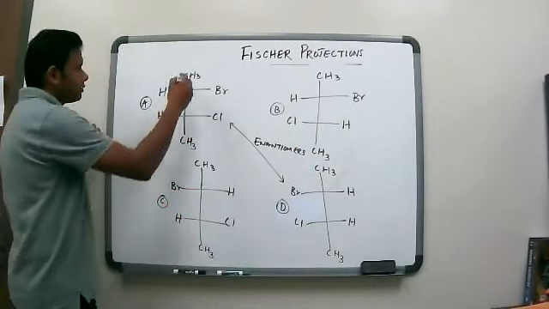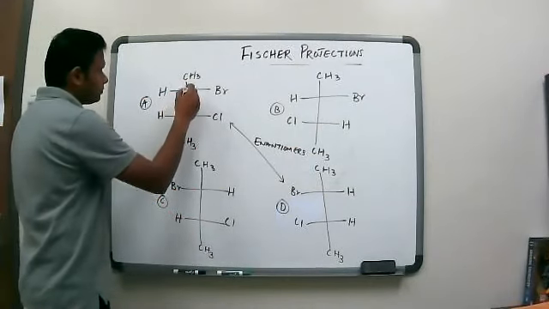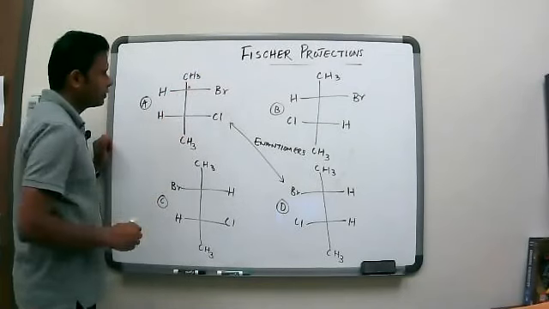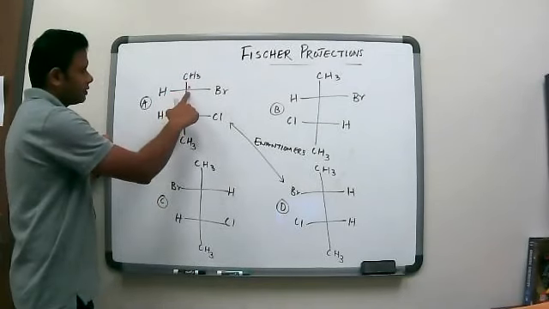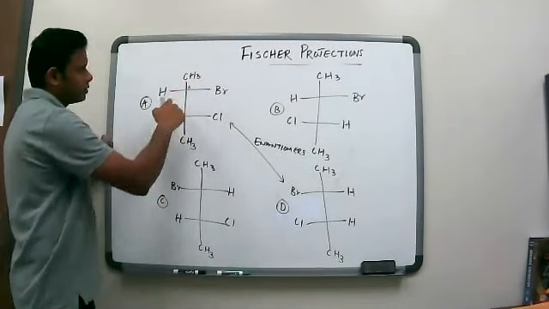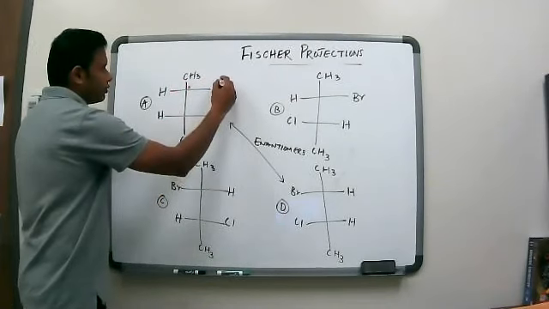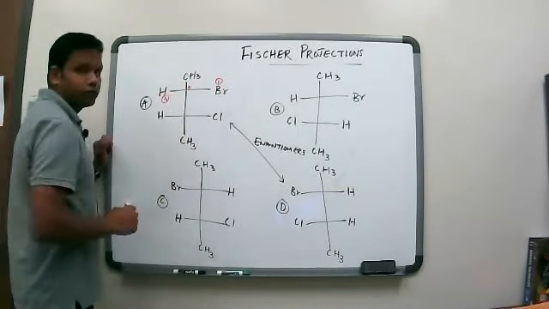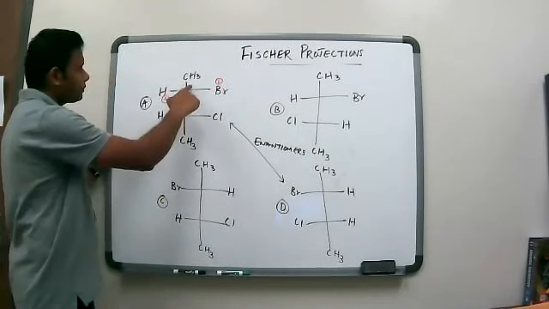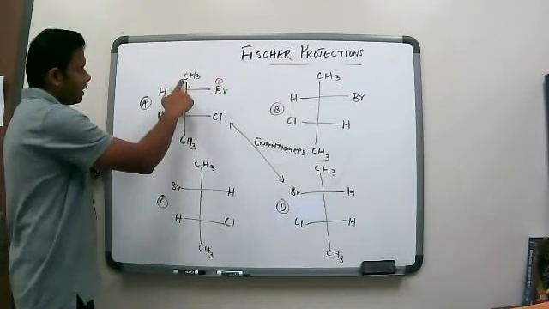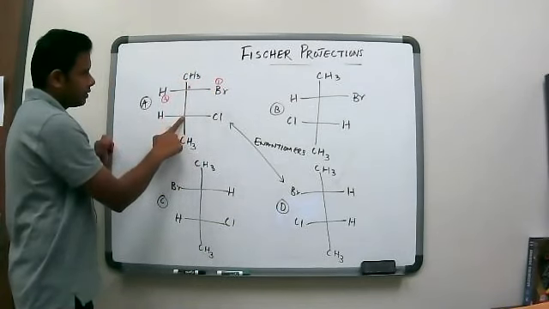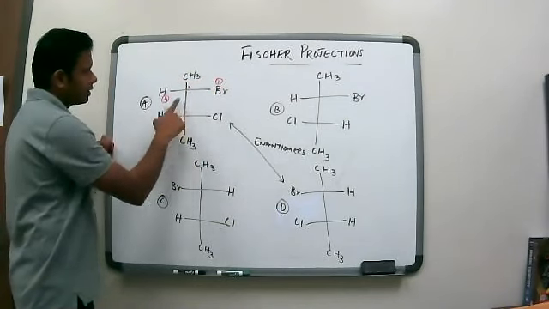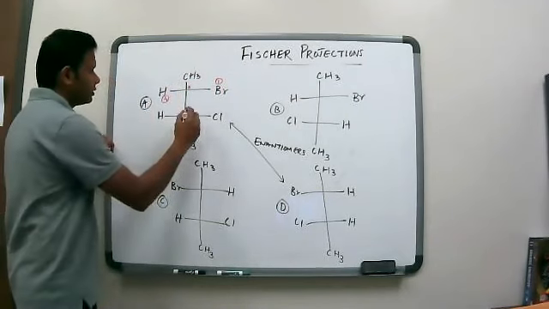So let's start with this first chiral center here. On that chiral center, if I look at everything that's connected to it, the bromine is the highest priority, hydrogen is the lowest priority. That carbon versus this carbon: this one has a chlorine attached to it, that carbon only has 3 hydrogens attached to it.